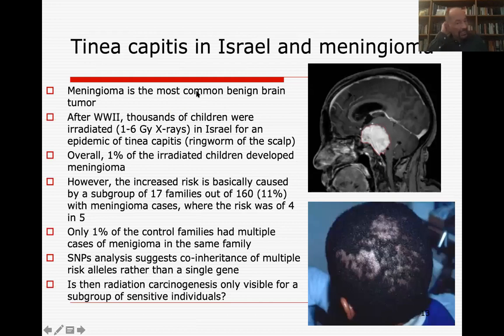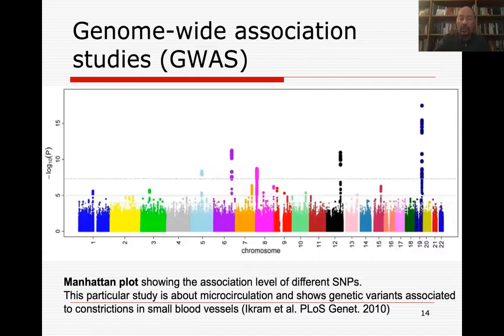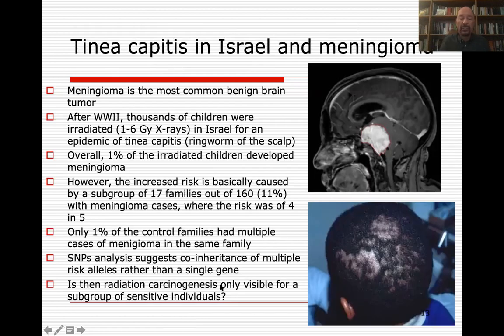Now, there is another cohort that is very well known and is particularly interesting, the cohort of meningioma in Israel. This is a meningioma. This is a tinea capitis. Tinea capitis is a ringworm of the scalp. It's an infection that makes this plaque.